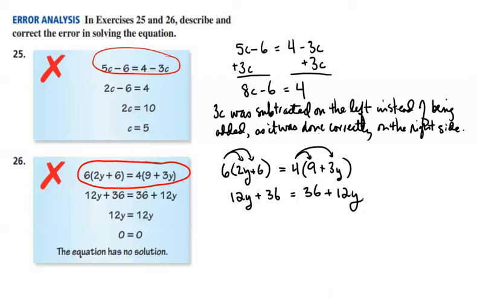So actually we have the same thing on both sides, and when we have the same thing on both sides, it means that we have infinitely many solutions. This is always true. Infinitely many solutions.